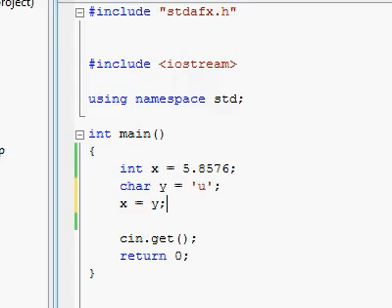Here we have a serious problem because the compiler has very strict rules about different types of variables, and y is of type character and x is of type int, and assigning one to the other could be pretty much illegal according to the C++ rules.